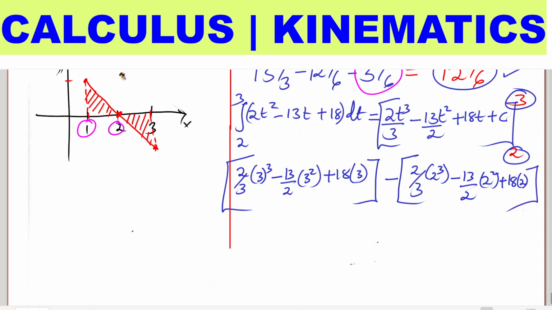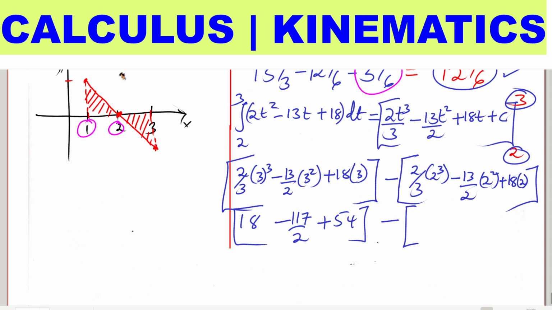So on this side, we shall have 2 thirds times 3 cubed, this will give 18. Then 13 over 2 times 9, this will give 117 over 2, plus 18 times 3, you get 54. Then subtract 2 thirds.